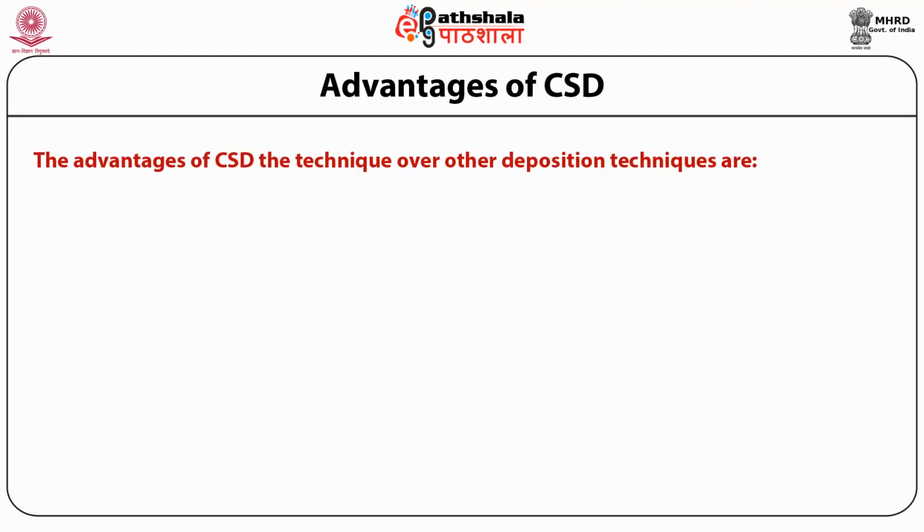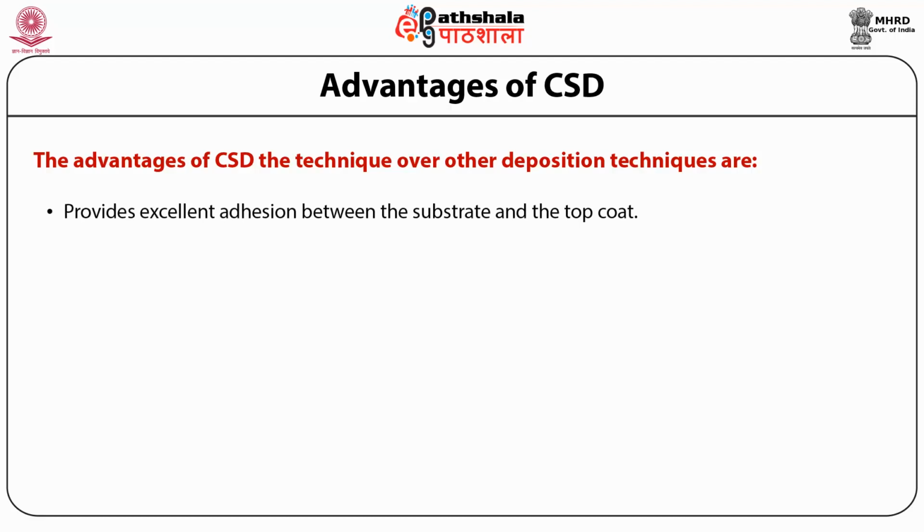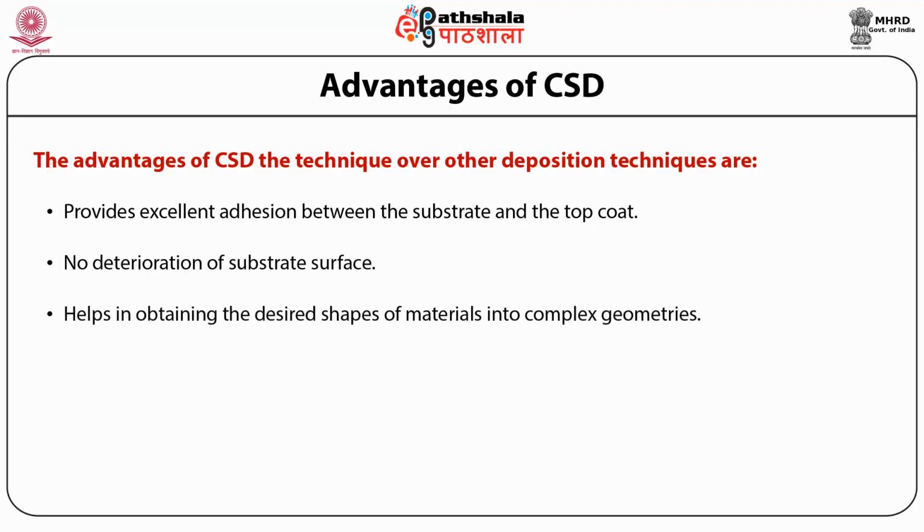The advantages of CSD technique over the other deposition techniques are: number one, the CSD technique provides excellent adhesion between the substrate and the top coat. Secondly, there is no deterioration of substrate surface. Number three, it helps in obtaining the desired shapes of materials into complex geometries.